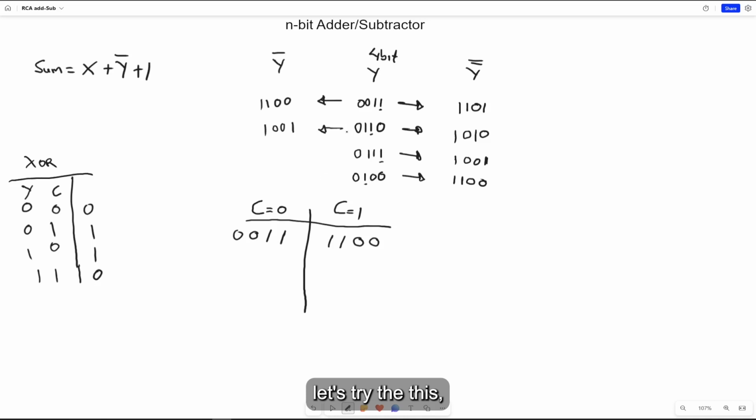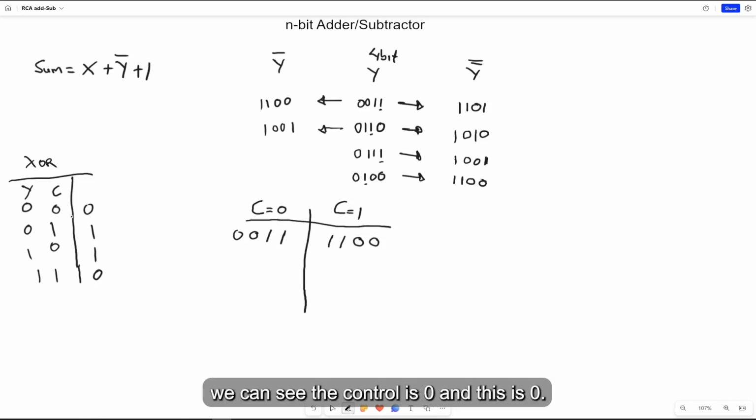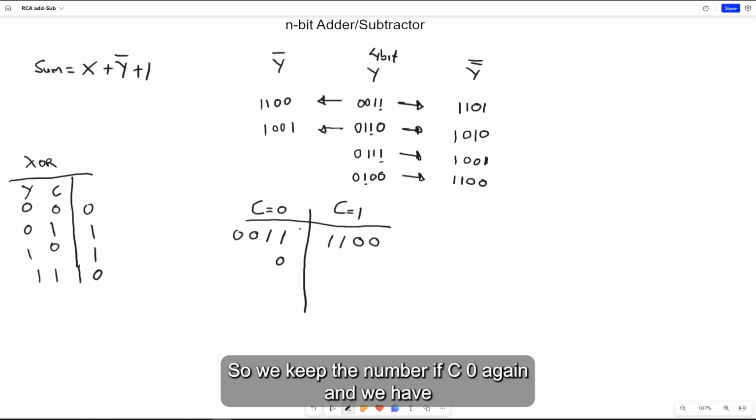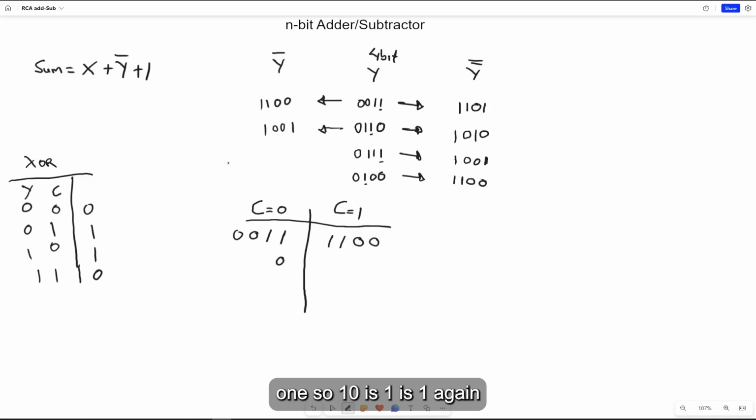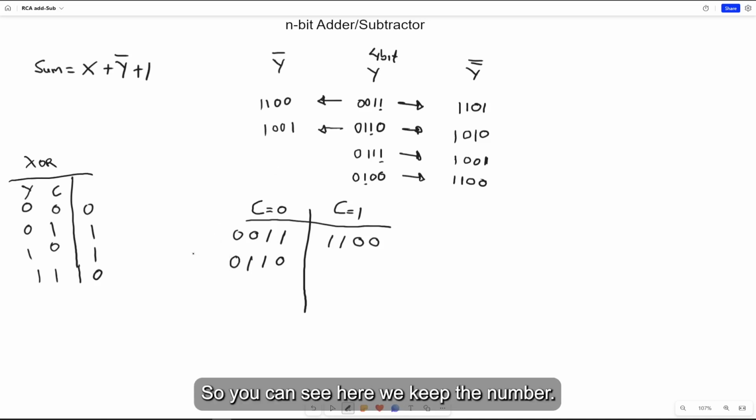Let's try the number 6. If it's 0, we can see, okay, the controller is 0, and this is 0, you can see we keep the number. If C is equal to 0, C is 0 again, and we have 1, so 1, 0 is 1, is 1 again, and 0, 0, 1 is 0. So you can see here, we keep the number.